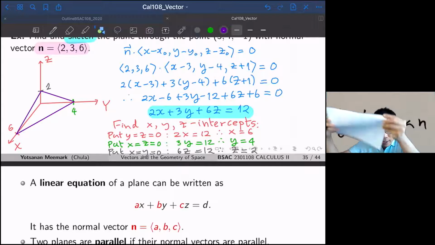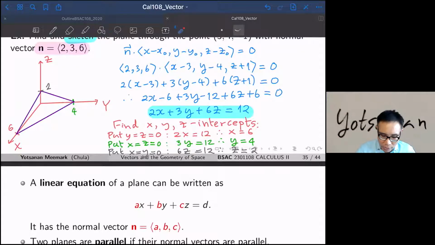You have to think that it's going to be this kind of plane. If you put this paper at the corner of the room, you see that you have x equal to 6, y equal to 4, and z equal to 2.